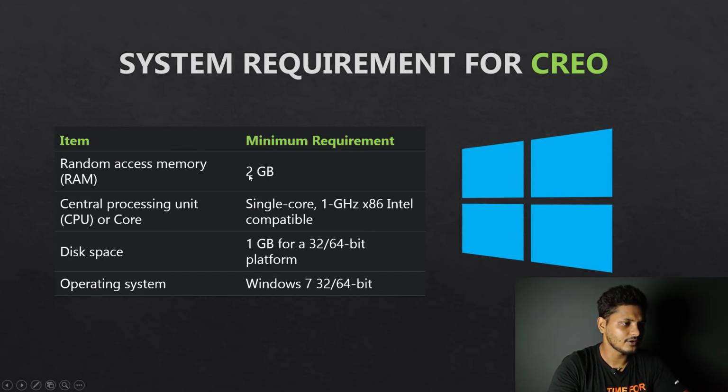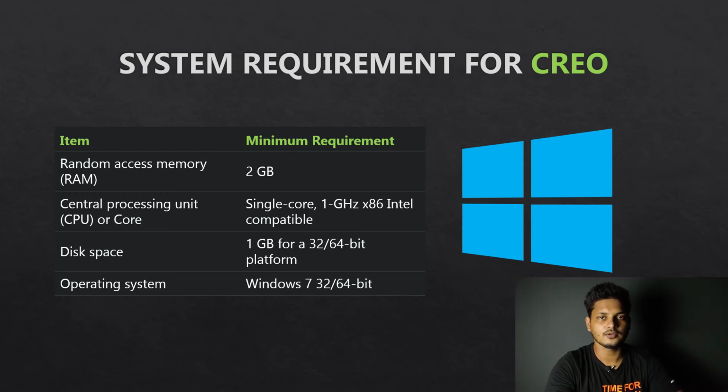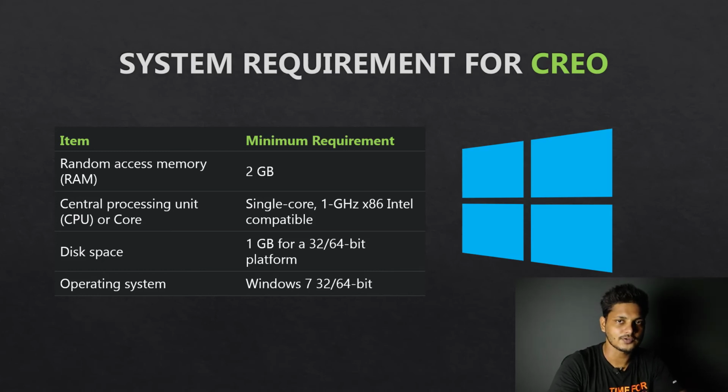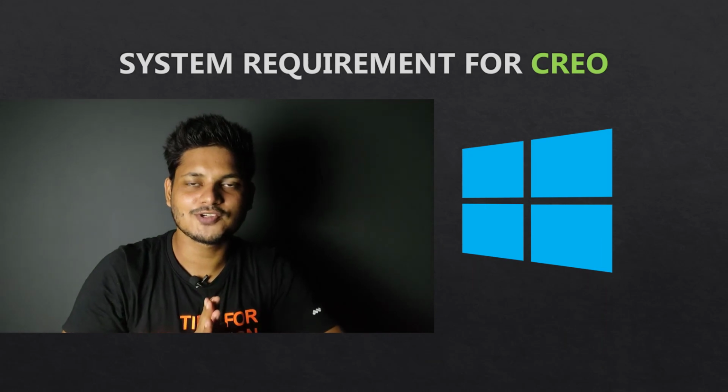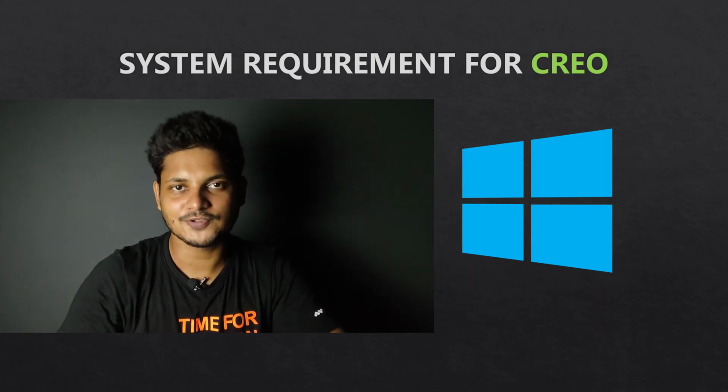As you can see, it requires a minimum of 2 GB of RAM and a single-core processor with 1 GHz speed. You need 1 GB of hard disk space, whether you are running Windows on a 32-bit or 64-bit platform, and the same applies to the operating system, and you need at least Windows 7 or higher. So that's all for the basic introduction to this CREO Parametric software.